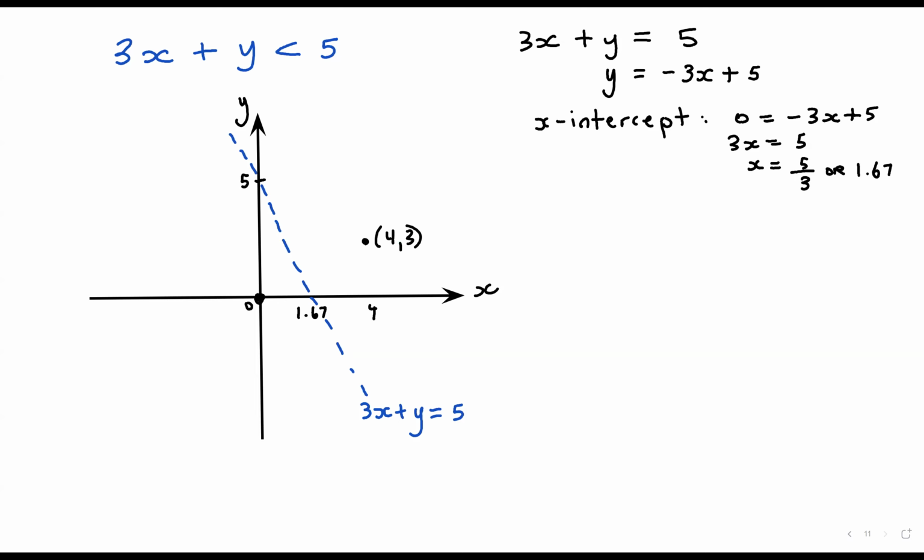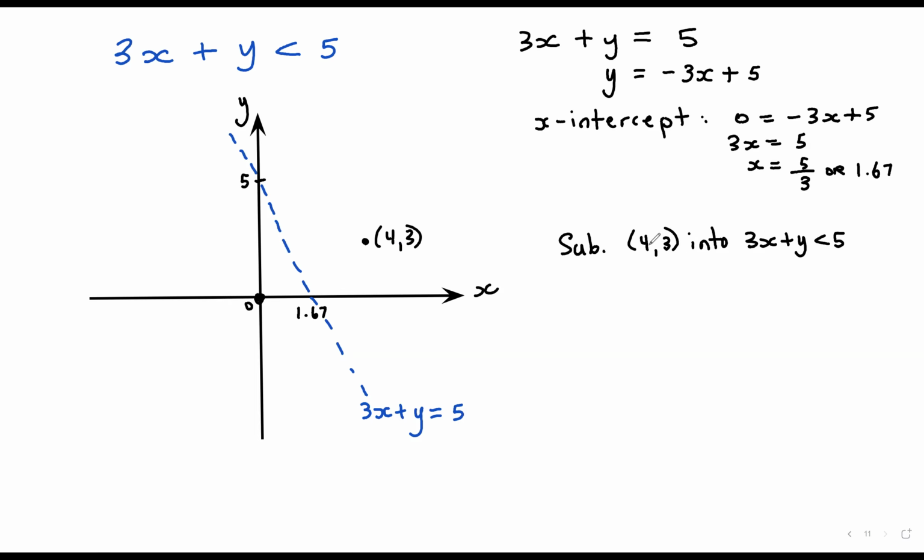So what you do is you take two test points and you substitute them into the inequality to see if it satisfies the inequality. So let's use 4, 3 first and see. I'm going to substitute the point 4, 3 into the inequality, 3x plus y is less than 5.